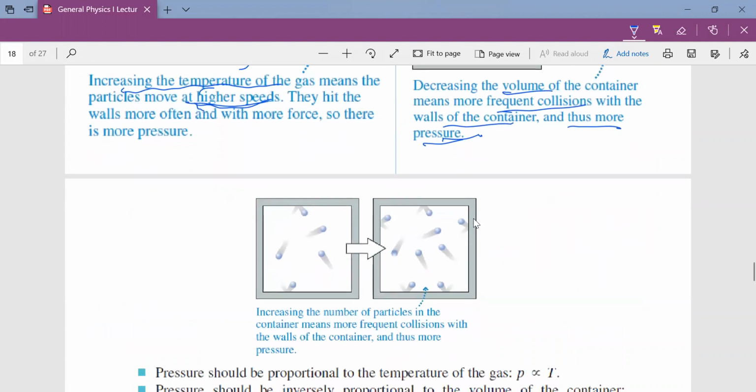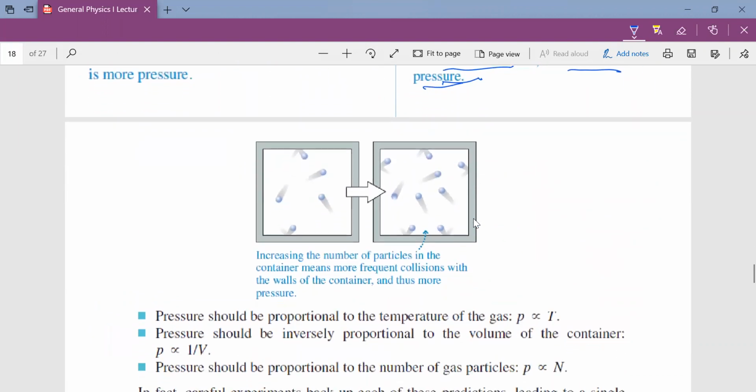Then we have the third scenario where we increase the number of particles without touching the volume nor the temperature. So we have the three parameters that we're playing with, which are the V, the T, and the P. We are defining this by changing the volume, changing the temperature, and increasing the number of particles.